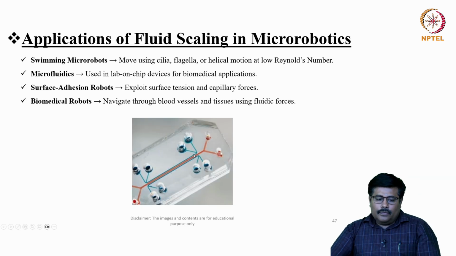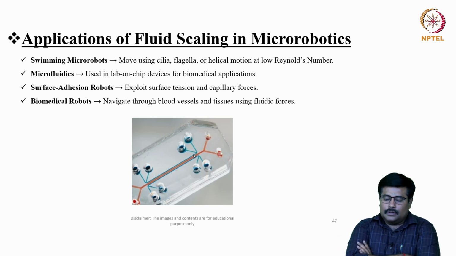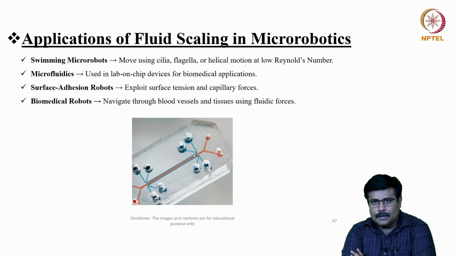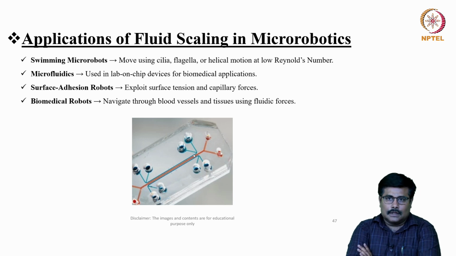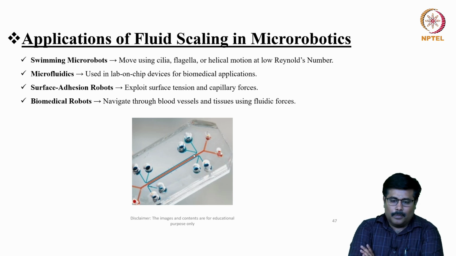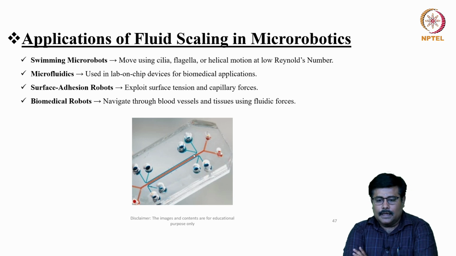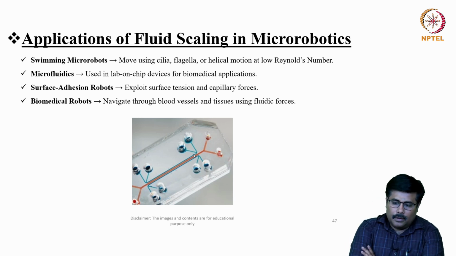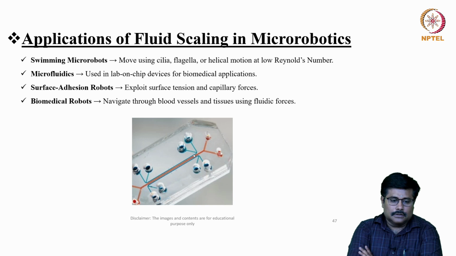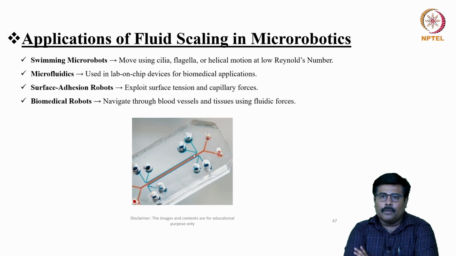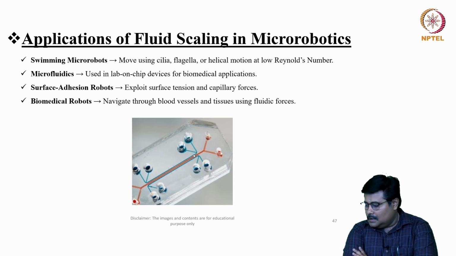deployed. Now, as far as the application of fluid scaling in micro robotics is concerned, first let us consider the swimming micro robot, which moves using cilia, flagella or helical motion at a low Reynolds number. These microfluidics are used in lab-on-chip devices for biomedical applications.